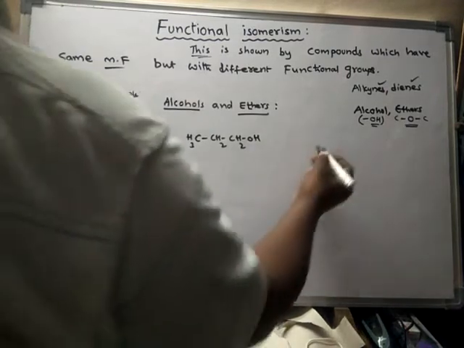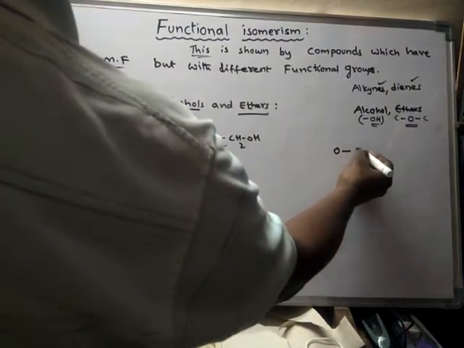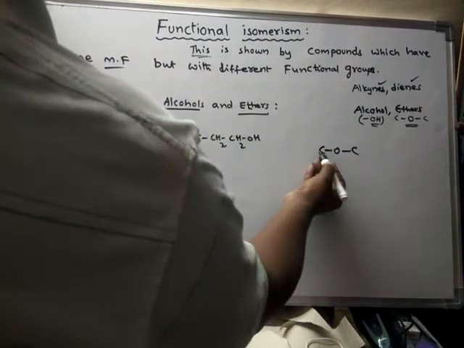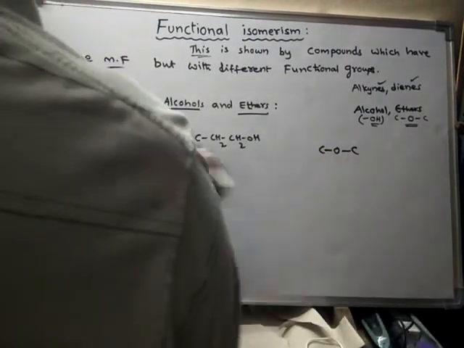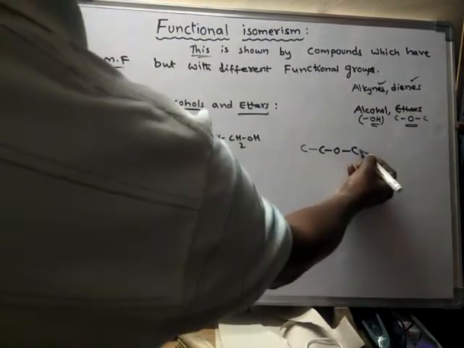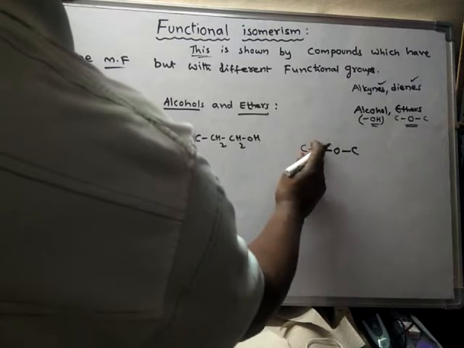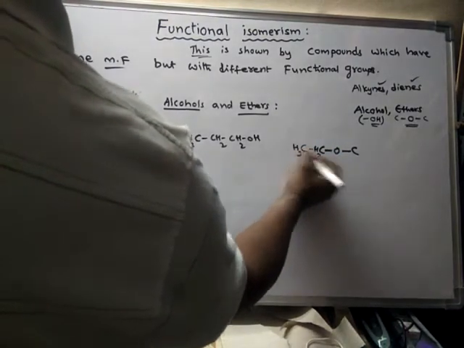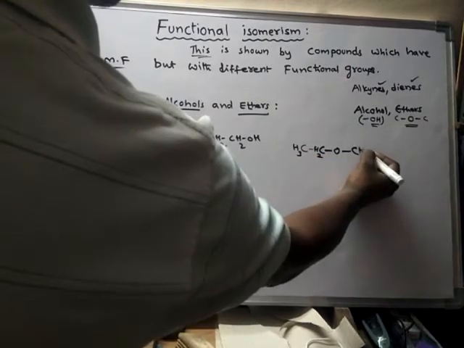And ether. Ether means, here it should be like this. There are 3 carbons only, so write 2 carbons on one side and 1 carbon on the other side. So what is the formula? CH3CH2, O, CH3.